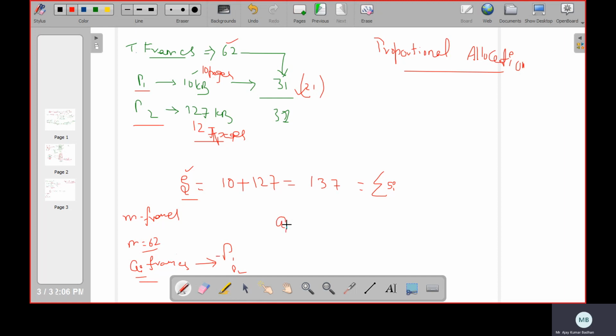The formula given here is a_i is equal to small s_i by capital S, into the total number of frames. I think you might have understood. Now, is it possible for you to solve the problem I gave you? Yes, it's possible. So let us take process P1. How many frames for process P1? a1 is equal to small s1.